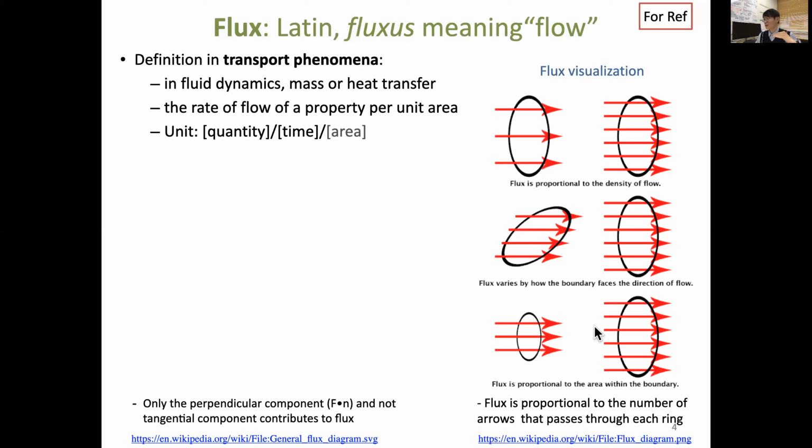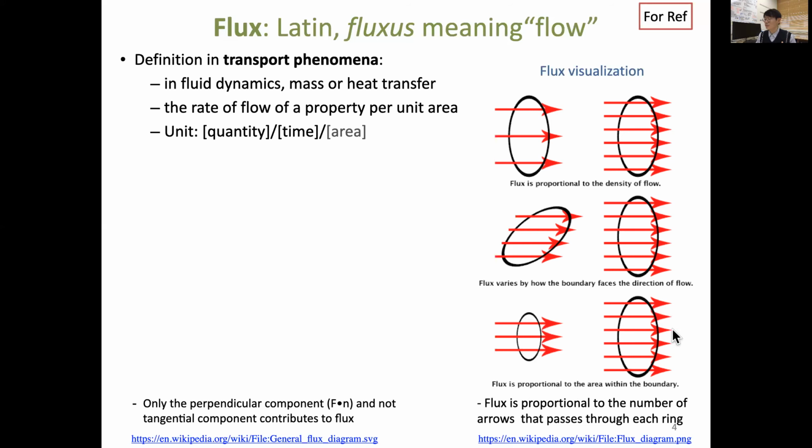And lastly, regarding the area. If the density of the photons is the same but we have a different size of area, we can see through this ring there are only 3 photons, while through this one 6 photons, assuming that this area is twice as large. So flux can be proportional to the area within the boundary.